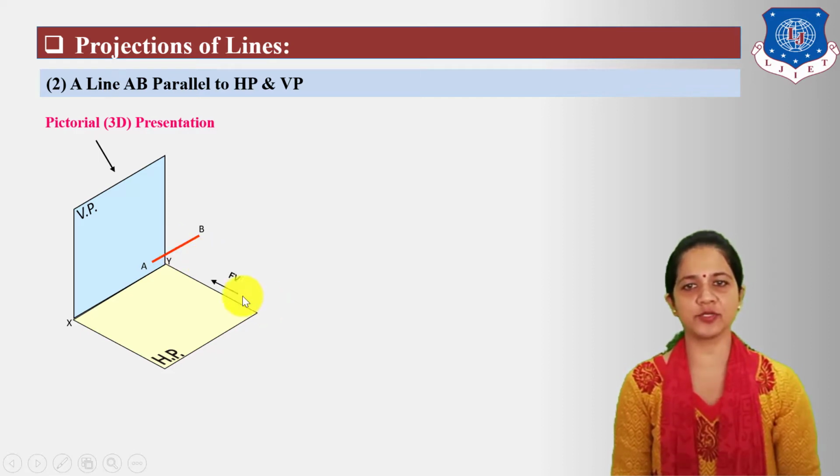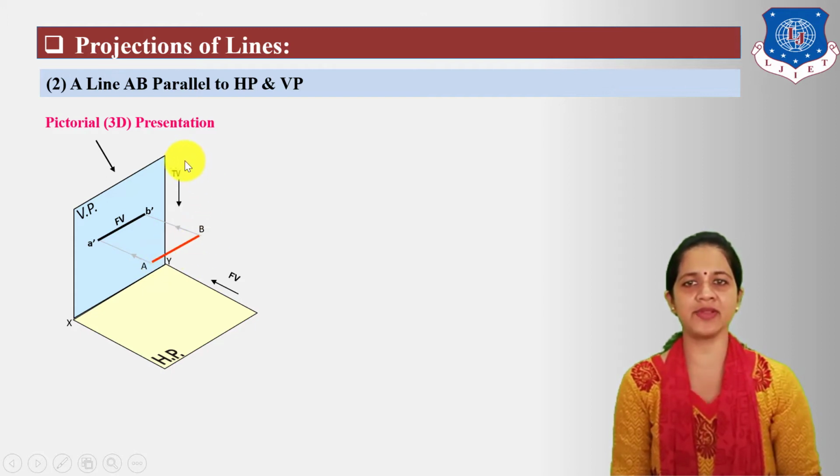When we take projection from the front direction, we get its front view on the vertical plane, and it is a straight line denoted by A dash B dash, and the A dash B dash front view is parallel to the given line AB, and its length is equal to the given line AB.